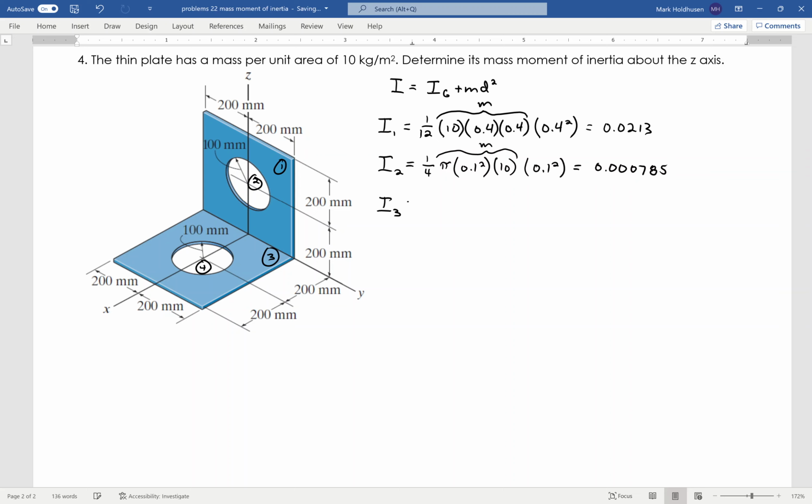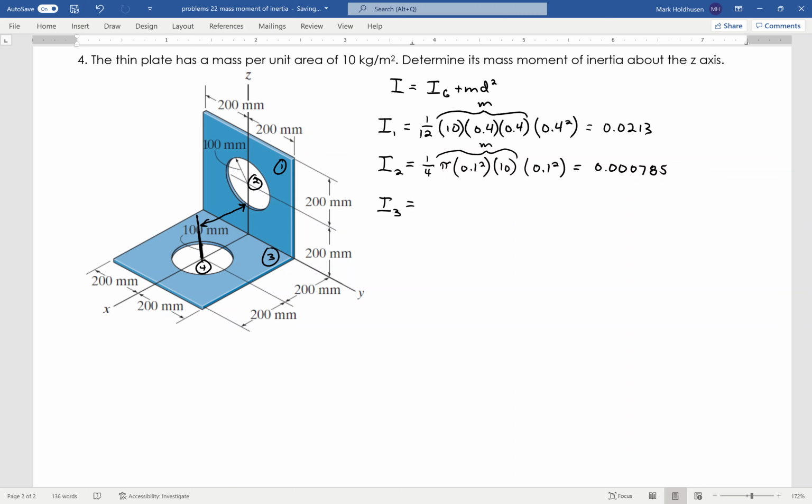So now we'll go on to number 3. Now this is like a rotating plate, right? As opposed to flipping it, you're just turning it, rotating it. The axis that you're looking at here is essentially this axis. So this is the distance that we're interested in on this one.